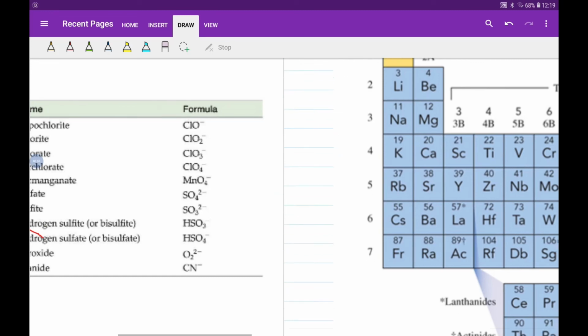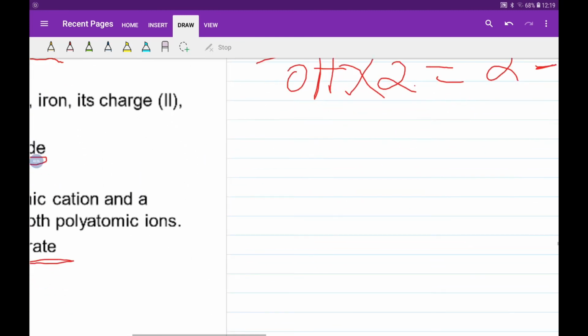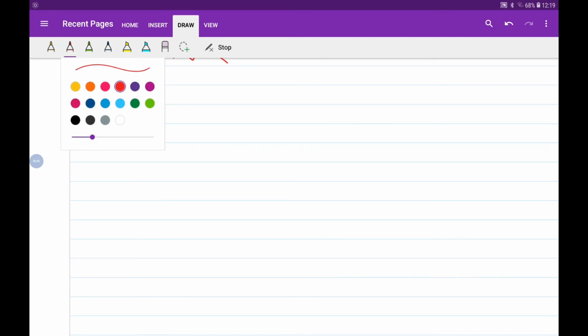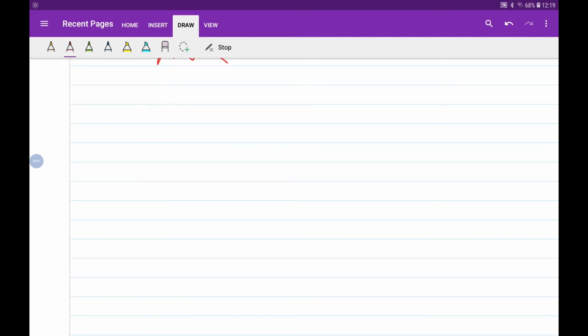So in addition to chromate, I am getting a new tablet. This one, I'm having a hard time writing on this. Just give me, hopefully next week I'll have better writing abilities.